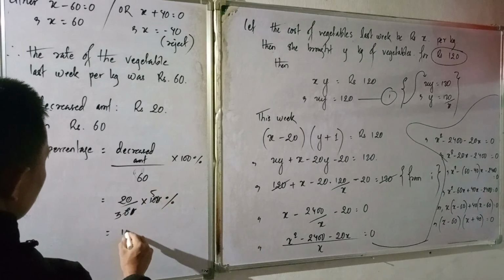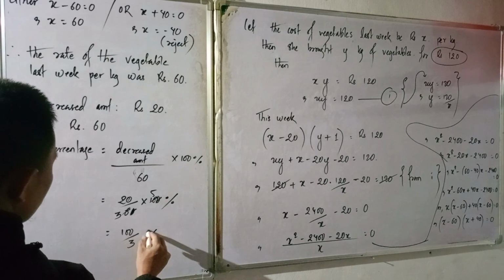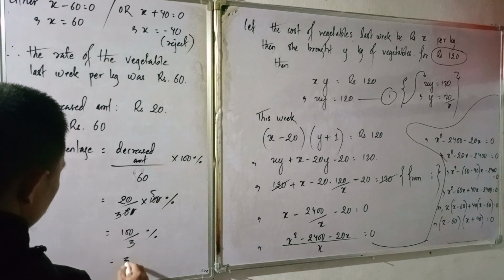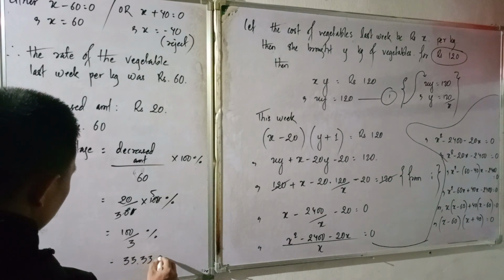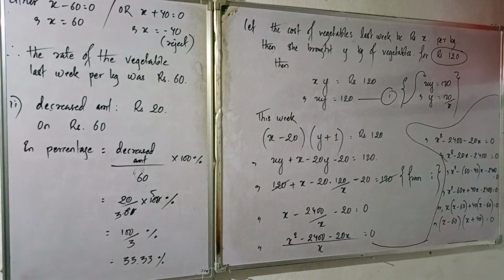This becomes 100 by 3%, and this becomes 33.3333%. So this is the answer. So the amount was decreased by 33.33%. In the back page of the book, I think it is written in improper fractions or mixed fractions, or you can present the answer in this way.